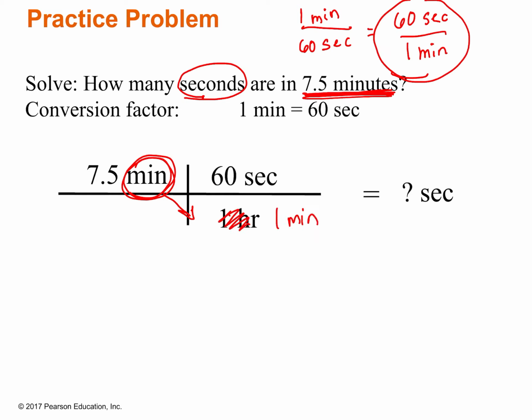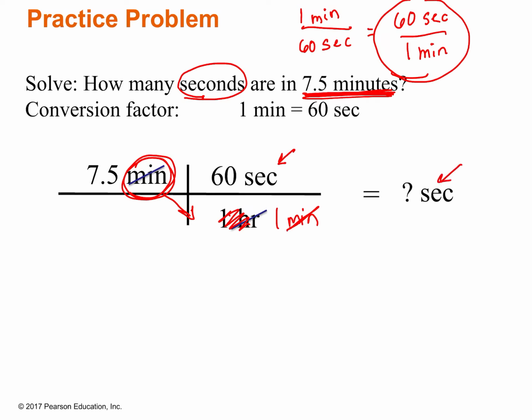I'm sorry, my apologies, that should say 1 minute down there on the bottom. So 1 minute, and then our minutes will cancel out. And then our 60 seconds will go on the top.